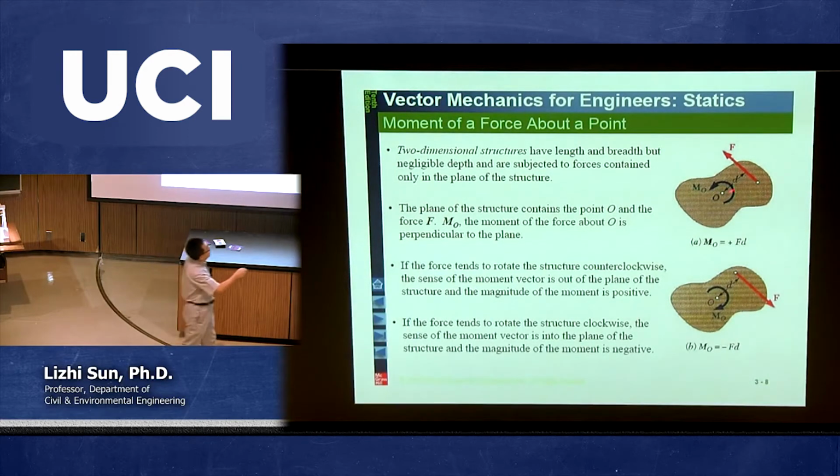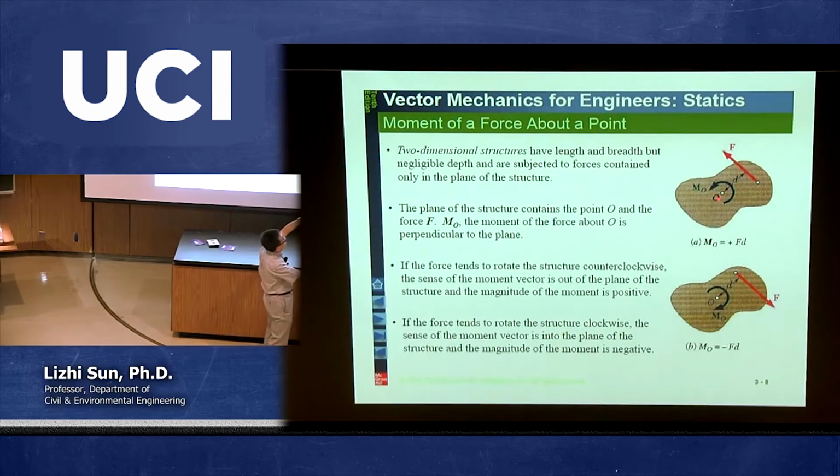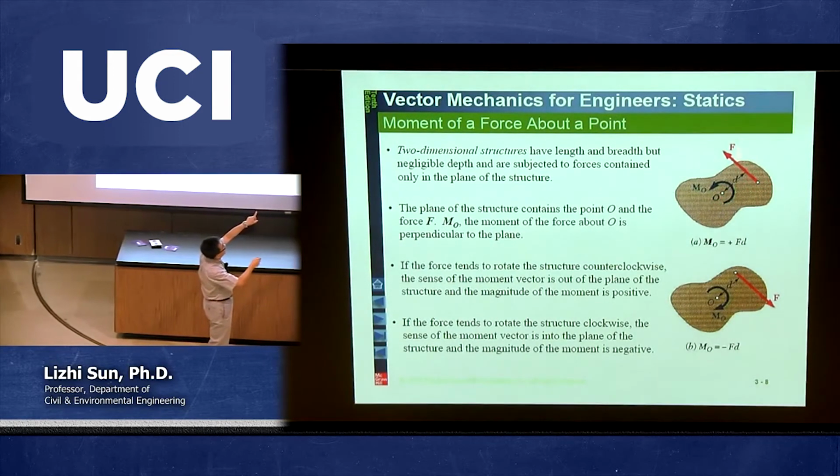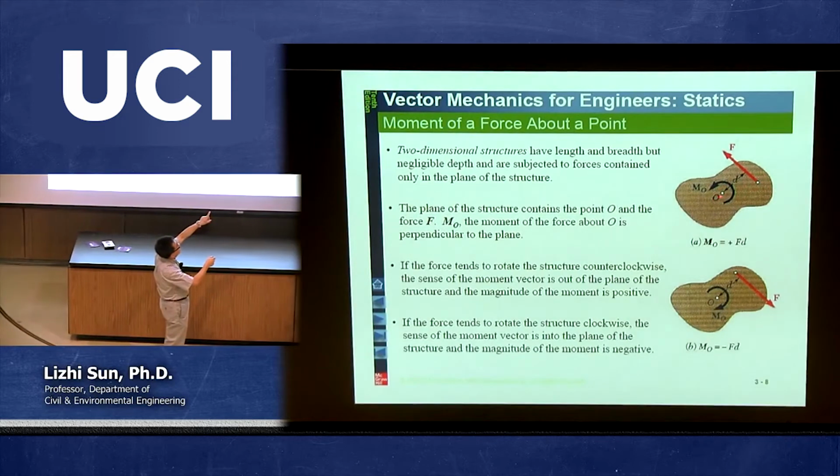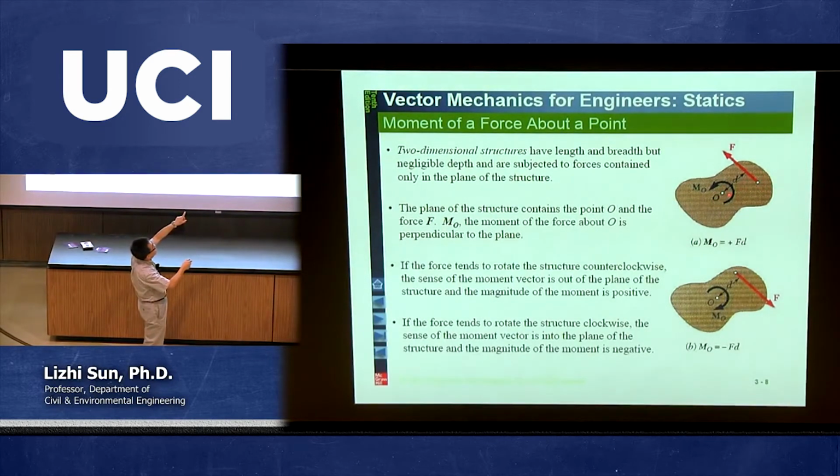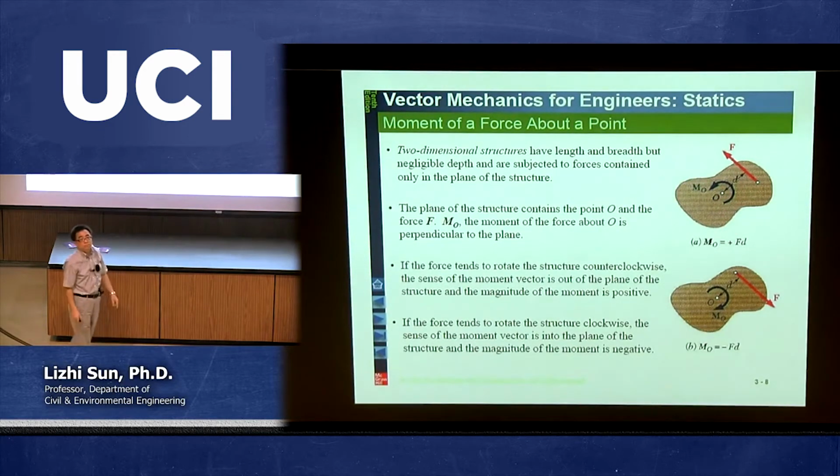Okay? So now, if you are holding this point, the moment of this force about the point O is to have some kind of rotation potential, right? In a counterclockwise way. So if you figure out this moment is counterclockwise, because that's right-hand rule, right? Then you put a positive sign in front of the magnitude.